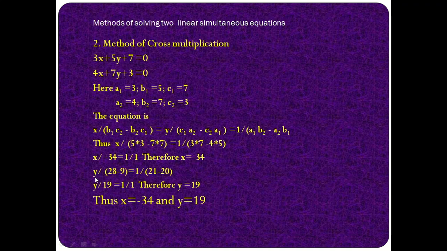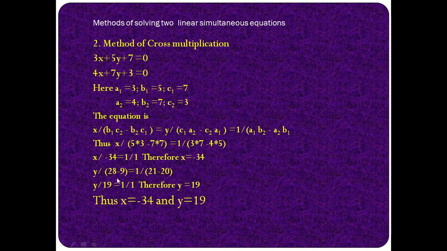Likewise, y divided by c1 a2, c1 is 7, a2 is 4, 7 into 4, that is 28, minus c2 a1, 3 into 3, that is 9, 28 minus 9 is equal to 1 divided by 21 minus 20, the same as earlier.